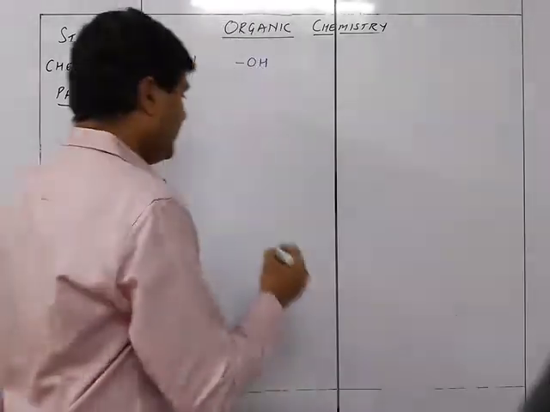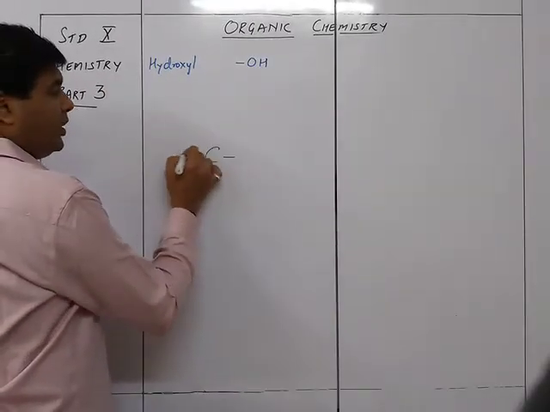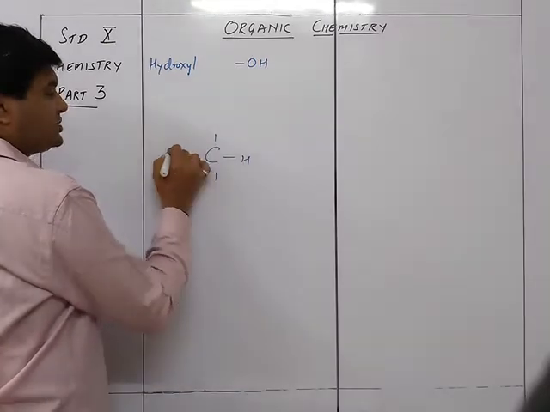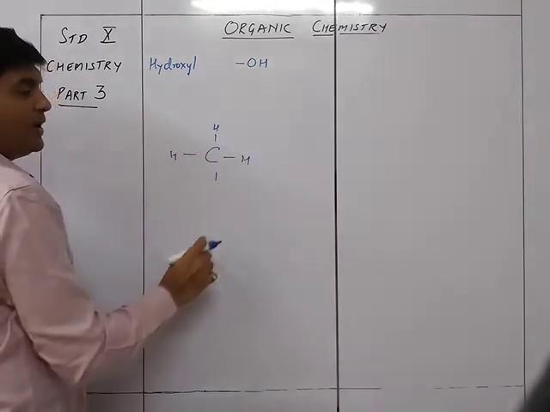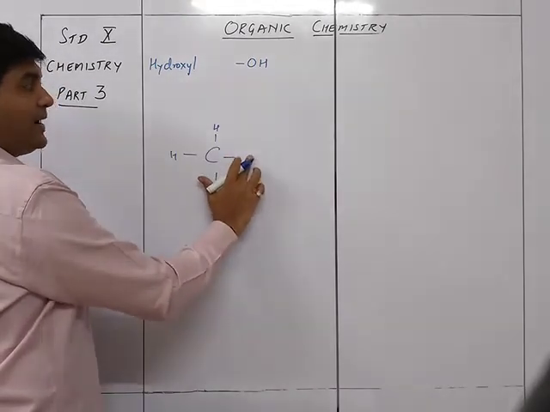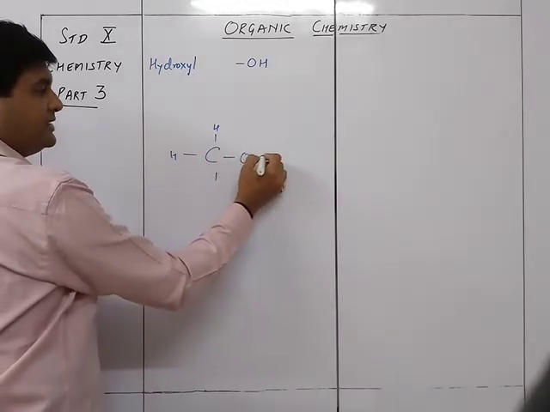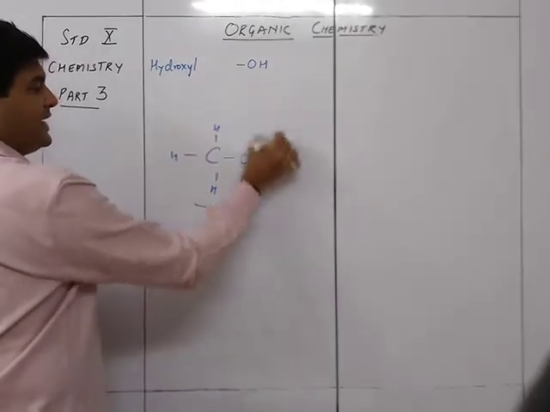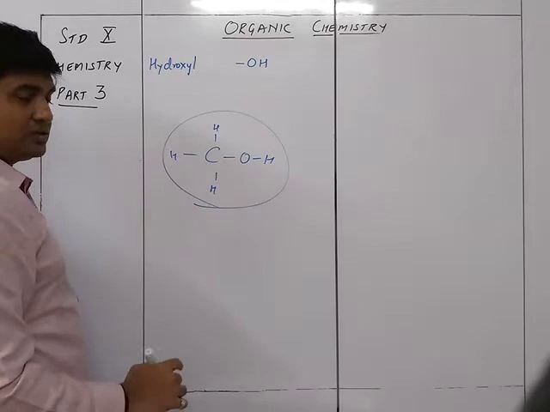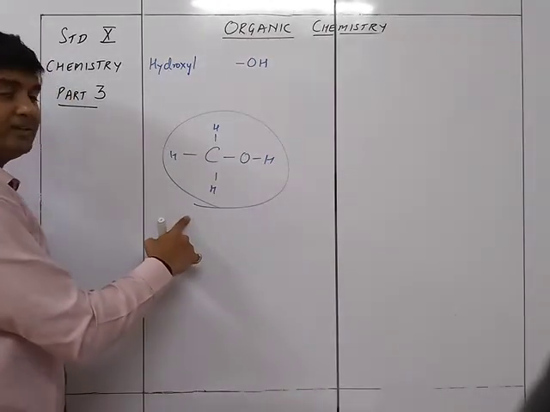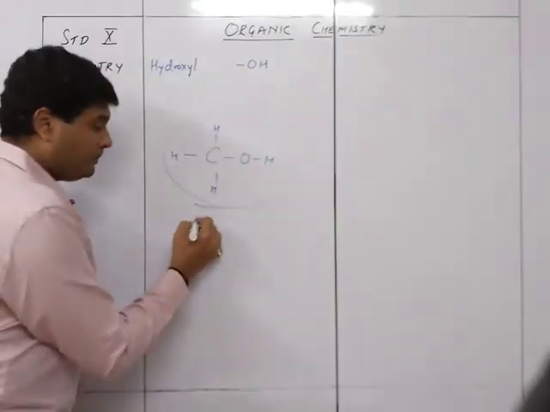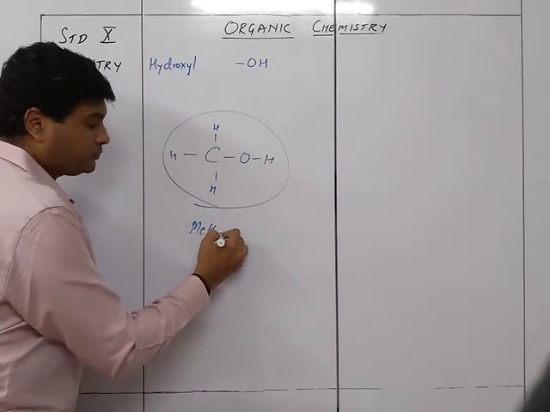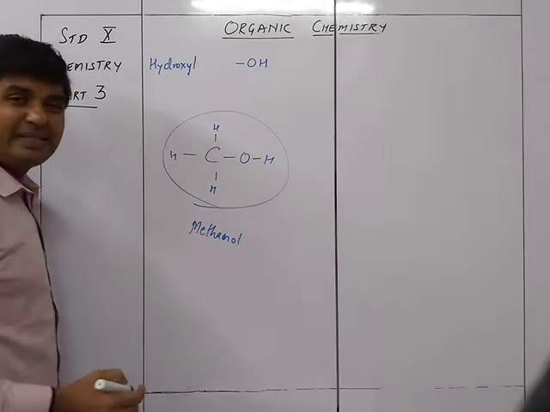Like for example, if it is like this, a C with H, H, H and H all around, and one of these H is replaced by OH, then this is an example of a hydroxide. This was originally methane, and it has now become methanol, methyl alcohol.